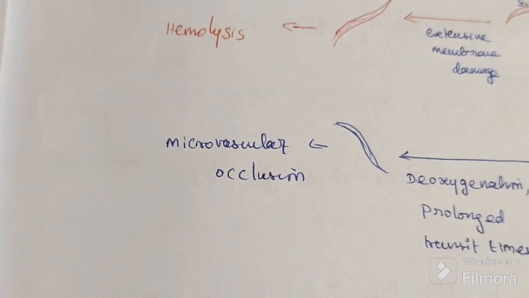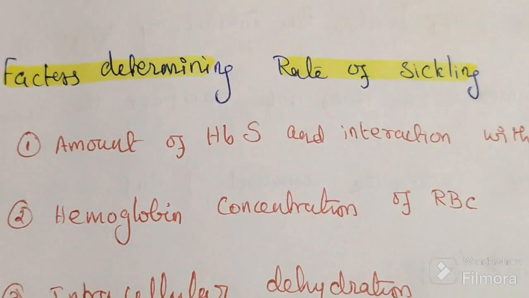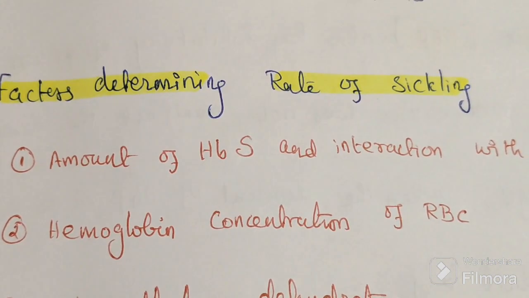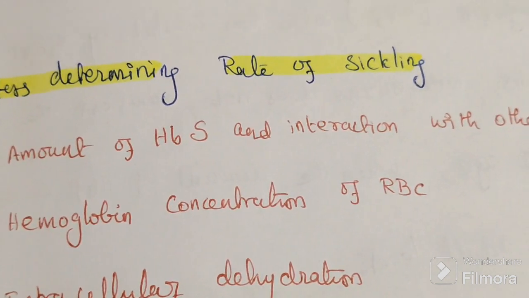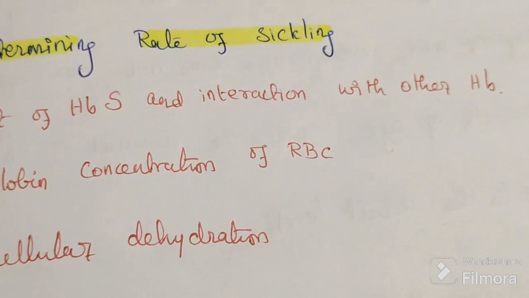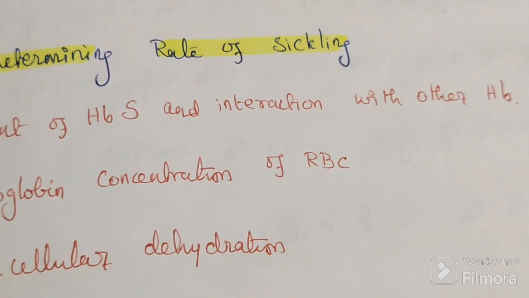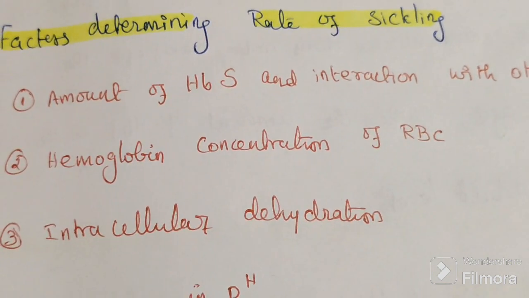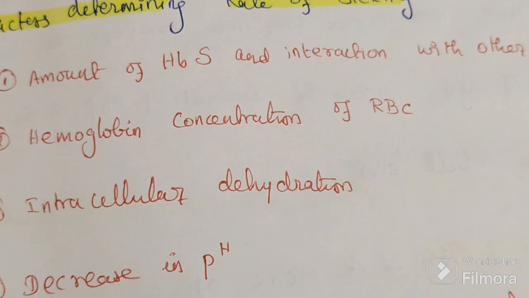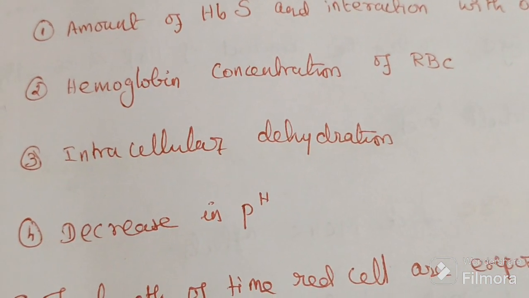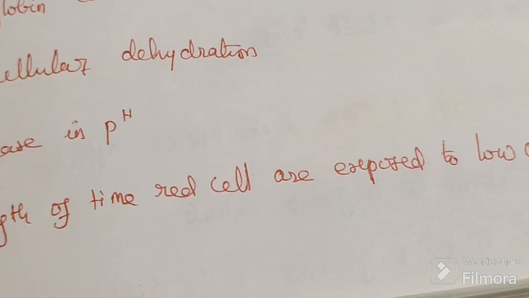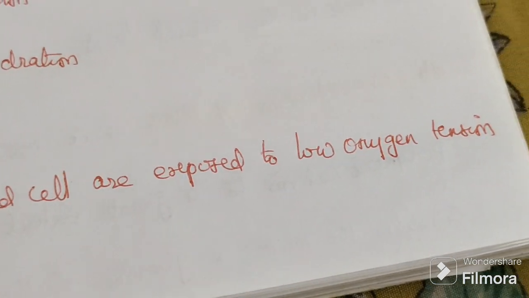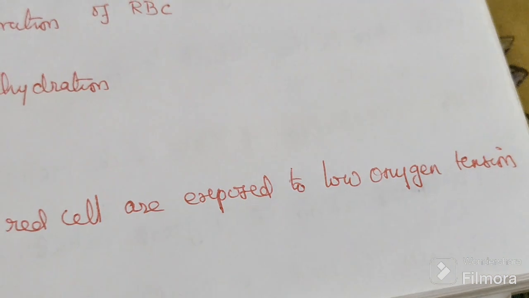Next, factors determining the rate of sickling. The first factor is the amount of hemoglobin S and its interaction with other hemoglobin. The second is the hemoglobin concentration of the RBC. The third is intracellular dehydration, decreasing pH, and the length of time red cells are exposed to low oxygen tension.